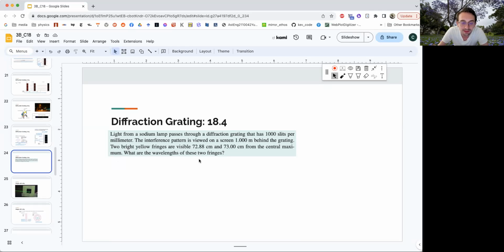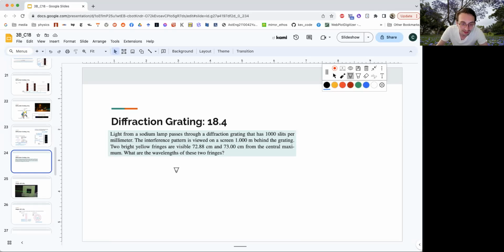What are the wavelengths of these 2 fringes? So we can see we don't actually need to use this 1,000 slits per millimeter. It doesn't really come into play here. That's just characteristic of how bright the bright spots will be and how dark the dark spots will be, and how thin those lines will be in relation to each other.